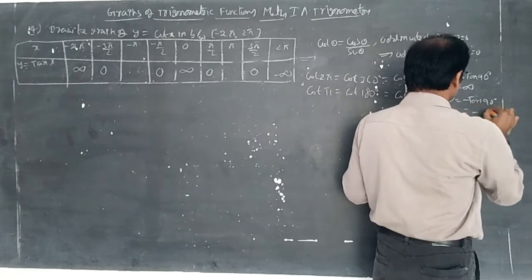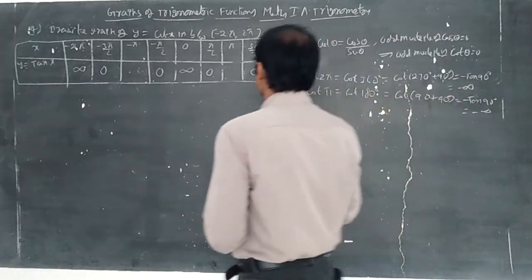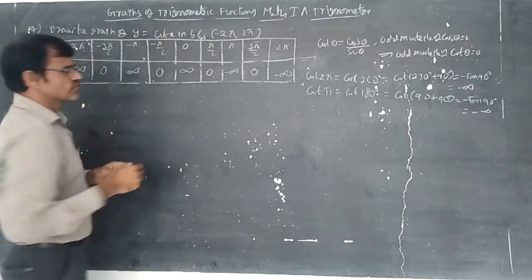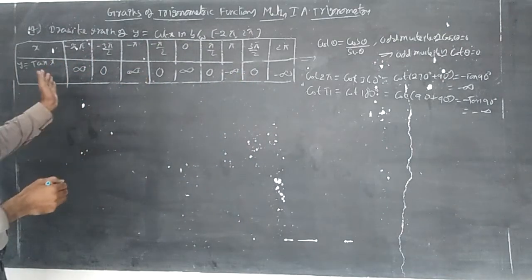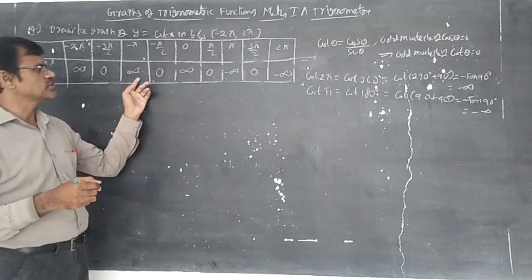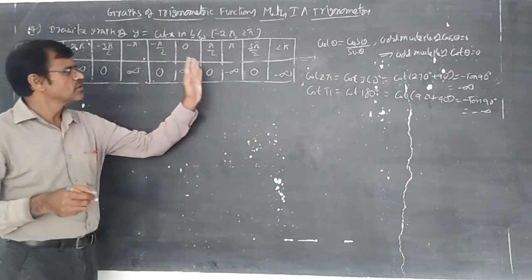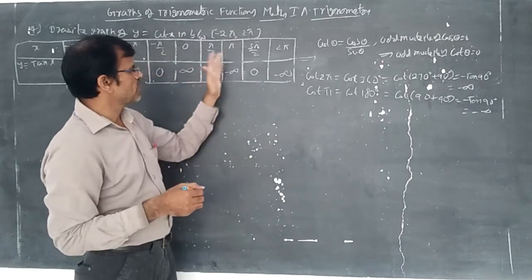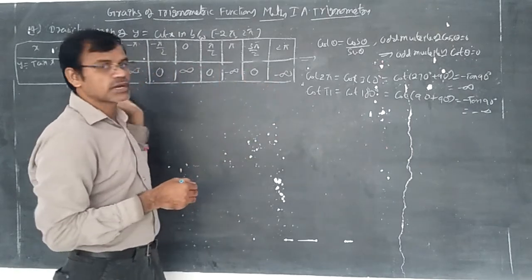So again it is minus infinity. So cot pi is minus infinity and it becomes plus infinity here. Now you can observe from negative we are getting positive values, and from 0 to here we are getting negative values. So for positive we are getting negative values, for negative we are getting positive values.